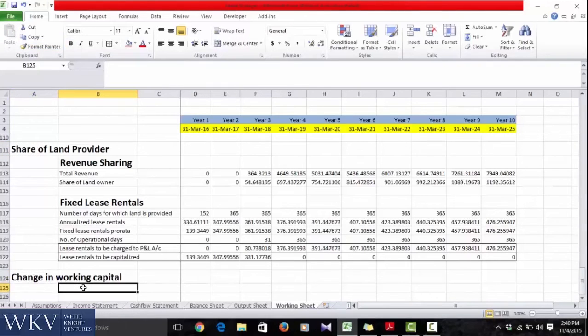The first item considered here is stock. Since we know the stock cycle only, we need to do some backward calculation to ascertain the closing stock value each year.